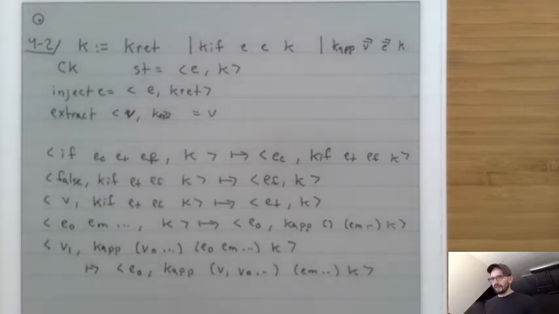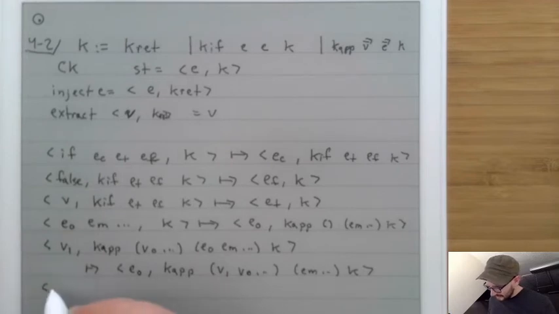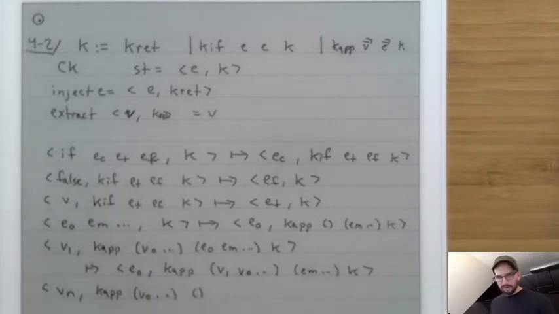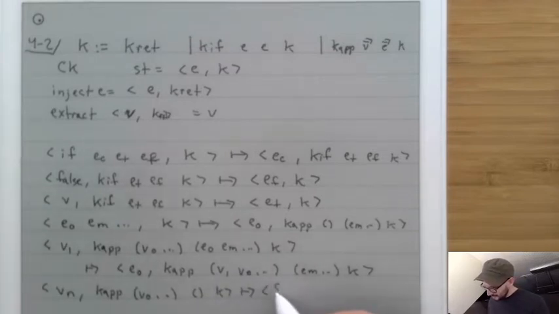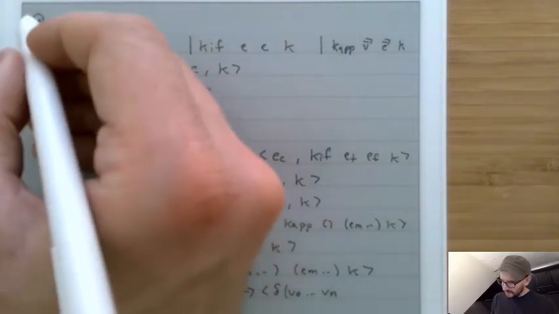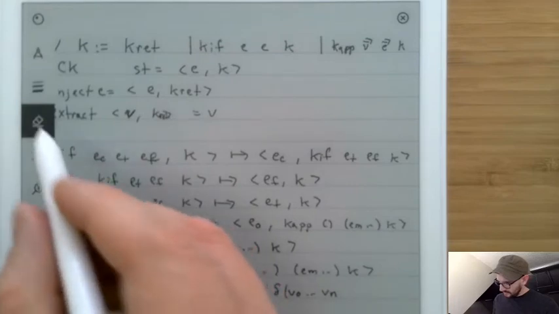Next, we only have one more rule, and that's going to say that if we have Vn and then a K app of V0, ..., and then there's no more expressions, and then a K, then we'll turn this into delta of V0, ..., Vn. Actually, let's write that slightly differently.